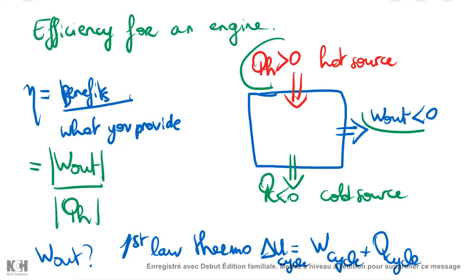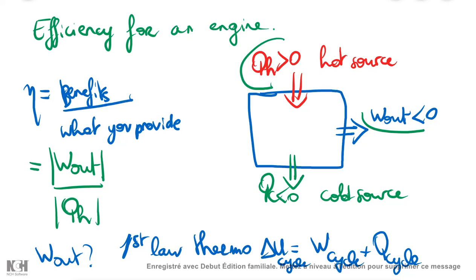It's very important here to understand that we are talking about the resultant heat, the resultant work, the resultant internal energy variation. What does the resultant mean? It means that you are going to take all the elements, for example, for considering the work, all the works of your cycle, add them together, and then you will have the resultant one.